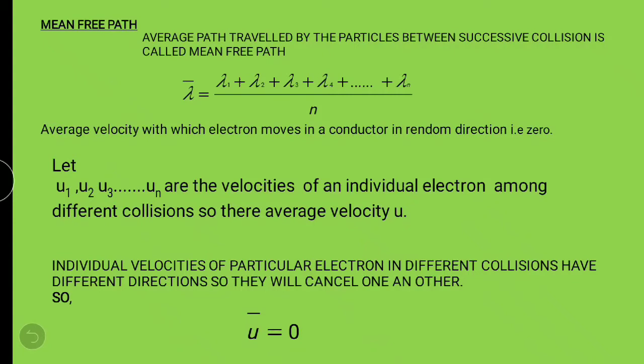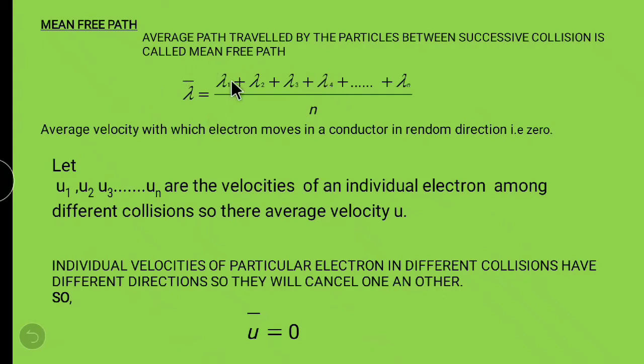So first, whenever it is going to collide with another electron, it will travel a path before the first collision, and after the second collision it will also travel a path, and in the same way before the third collision. So these paths are lambda 1, lambda 2, lambda 3, and so on.